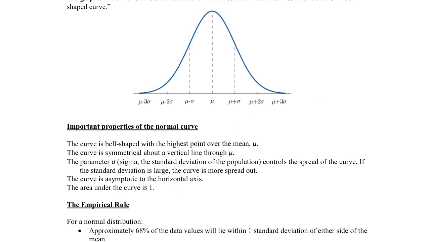And then this is the part that's really important for us. The area under the curve is 1. The reason this is important is because we are going to use this curve to figure out probability questions. Every number on here could be a possible outcome to an experiment or a possible value for a random variable.